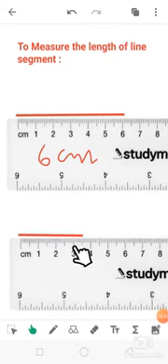After 3, how many lines are there? We have to count up to the ending point of the line. So exactly on looking at this we can say it ends with this middle size measurement, that is 0.5, and this measurement is 3.5 centimeter.